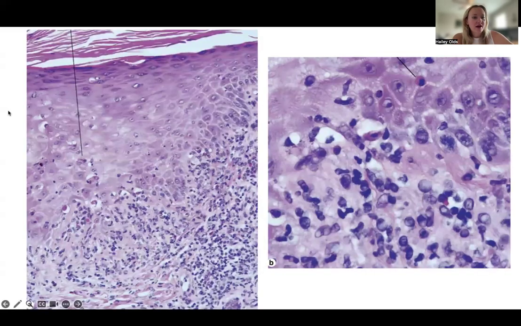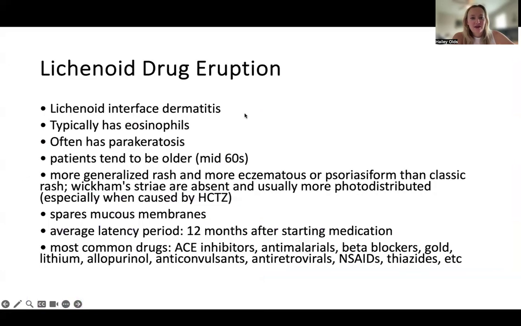Okay, next one. This one looks similar. You have that lymphocytic infiltrate at the DEJ, but you have some parakeratosis here, and you can see in the dermis there are some scattered eosinophils present. So this one is lichenoid drug eruption.